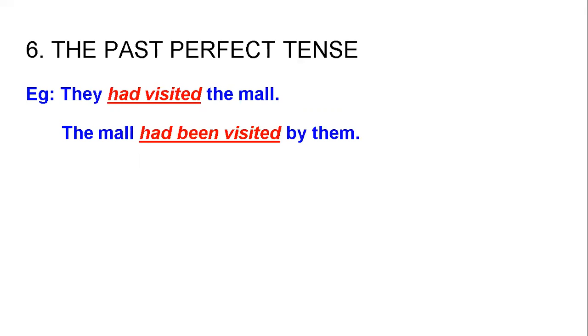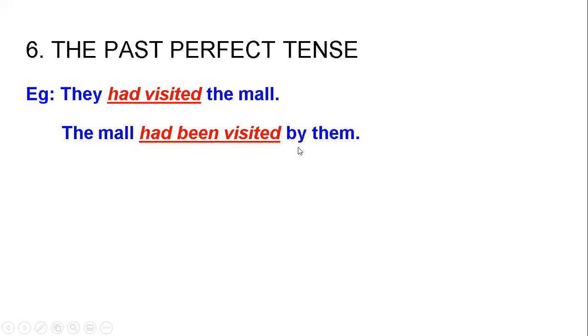Let's move on. The past perfect tense. So, what's happening here? The very same thing. Only thing you have to pay attention to is the tenses, how they change each time. So, you have they, which is the subject, which now becomes the object, and you change it because it's the pronoun. They becomes them. You have the object here, which is the mall, which now becomes the subject, the mall.